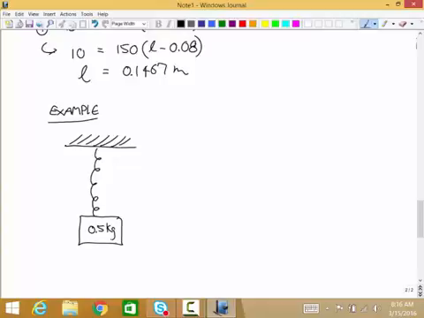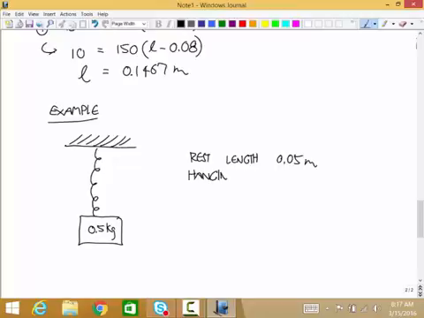Okay, so let's say that what you do is you take this spring with a resting length of 0.05 meters, and you hang a mass of 0.5 kilograms from it.